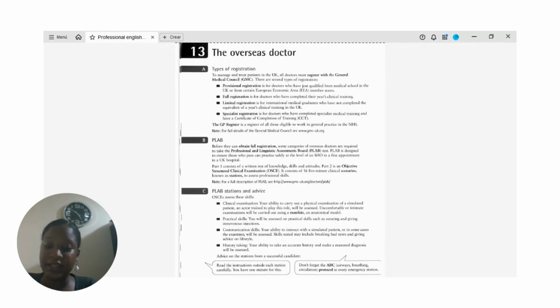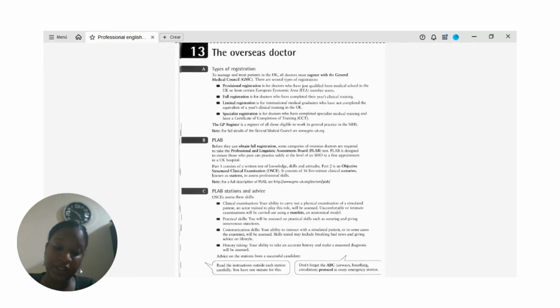C. OSCE stations and advice. 1. Clinical examination. Your ability to carry out a physical examination of a simulated patient, after training to play this role, will be assessed. Intimate examination will be carried out using a mannequin and anatomical model. 2. Practical skills. You will be assessed on practical skills such as suturing and giving intravenous injections. 3.